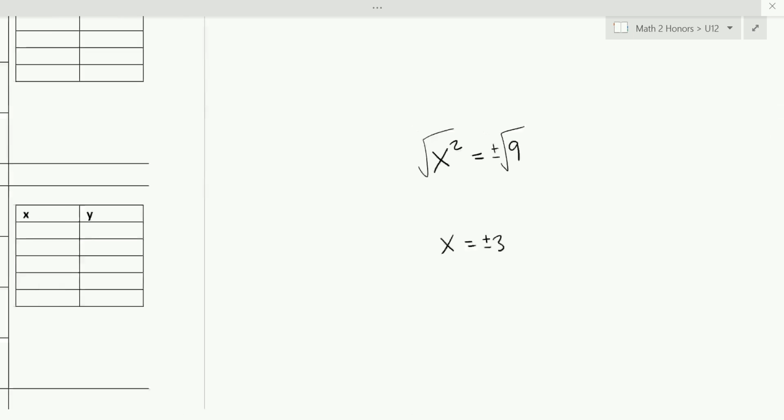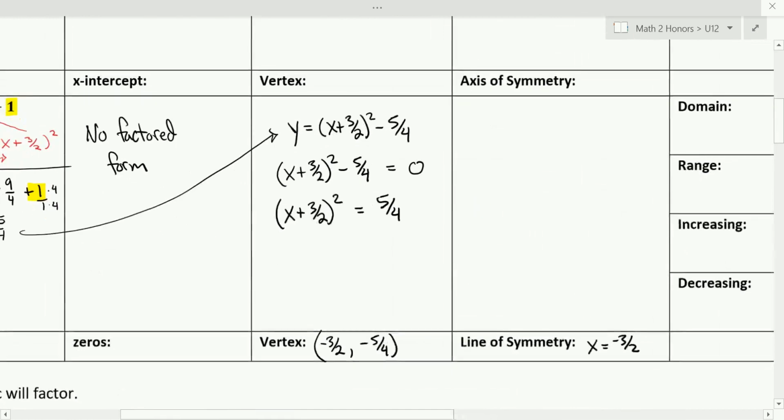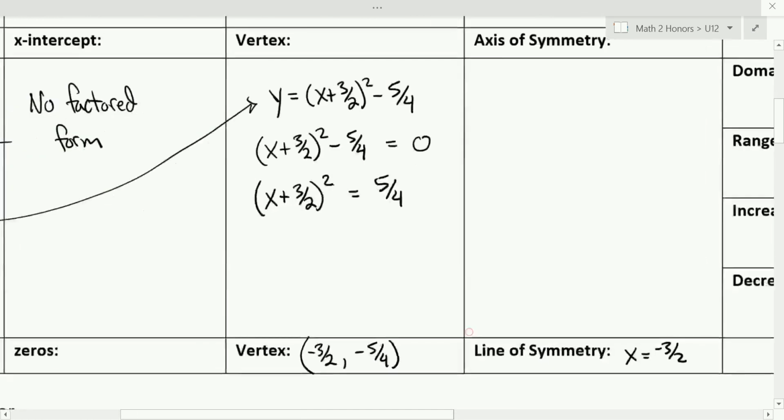That's going to come into play here because we're going to take the square root of both sides. When I take the square root of the side with the variable, I'm just going to write x plus 3 over 2. When I take the square root of the side without the variable, that's where I'm going to put the plus or minus. It's the square root of the whole thing, which is the same as taking the square root of the top divided by the square root of the bottom.